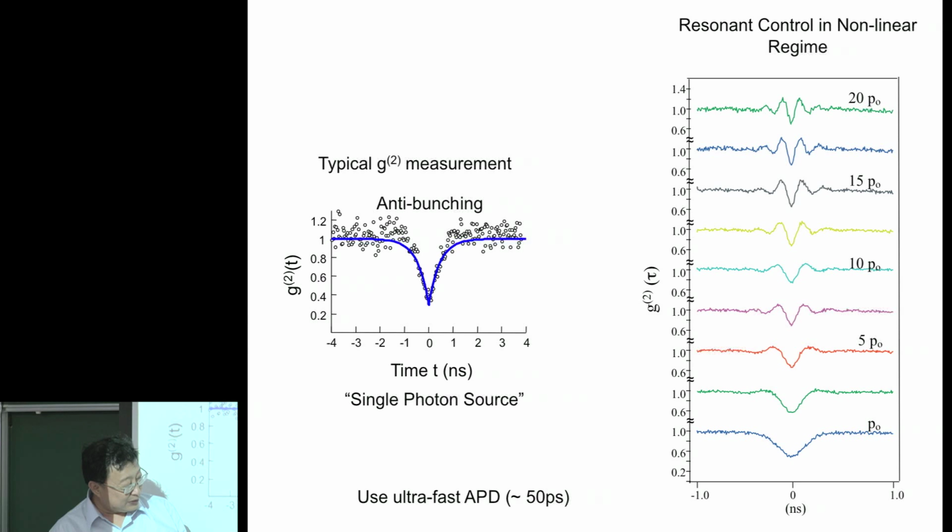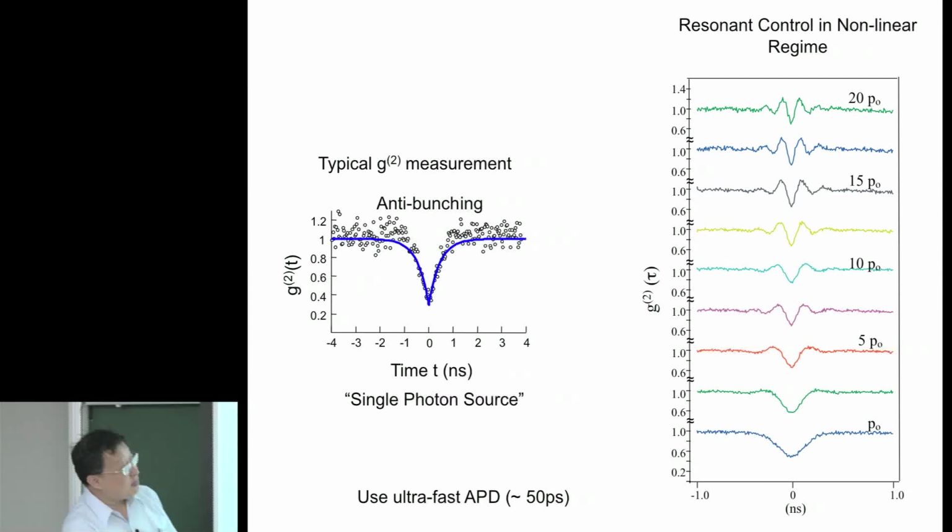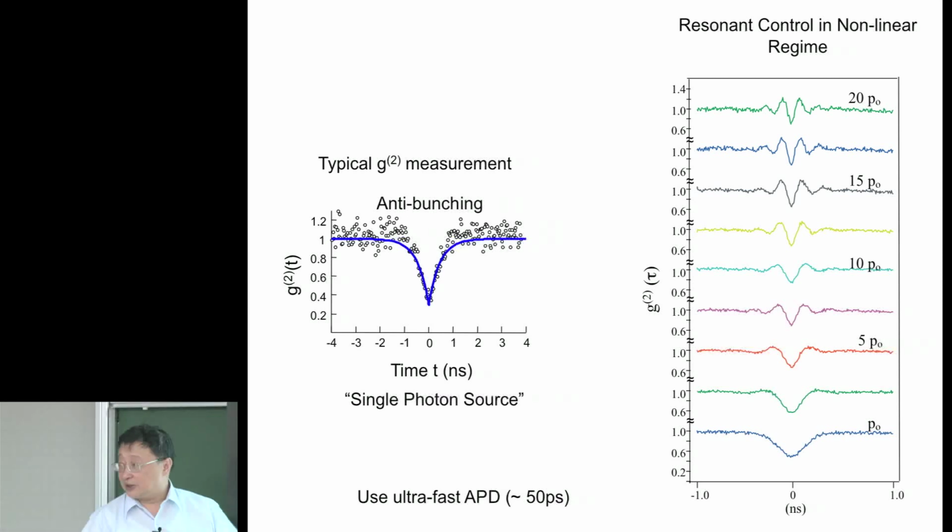But for whatever reason, we never saw this dip go down to 0. Supposedly, if you can see so many Rabi oscillations, that means its coherence time is very long. How come we never saw it go down to 0?